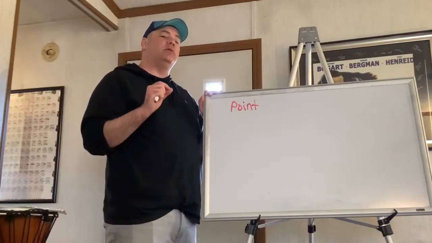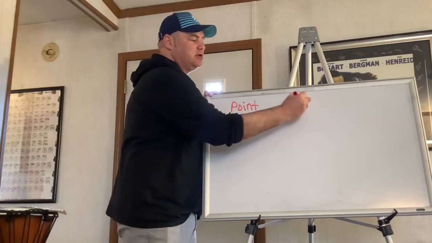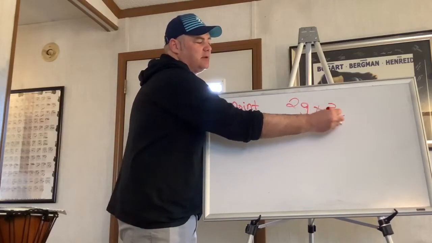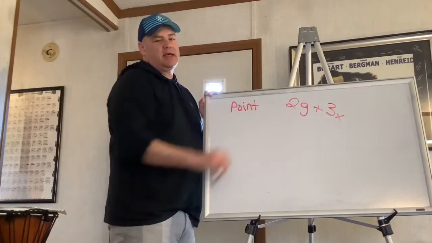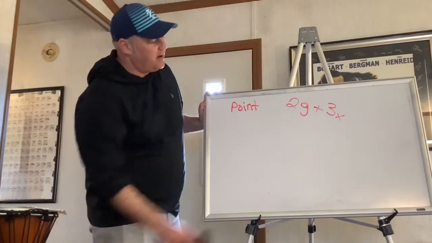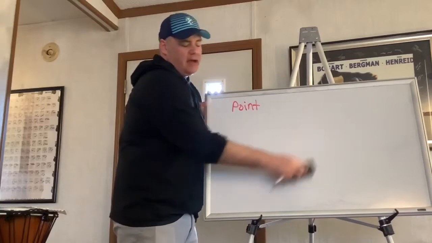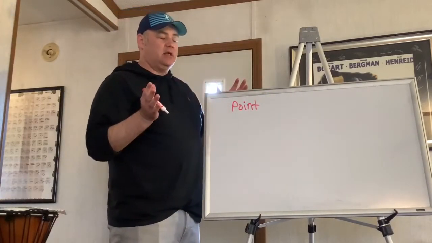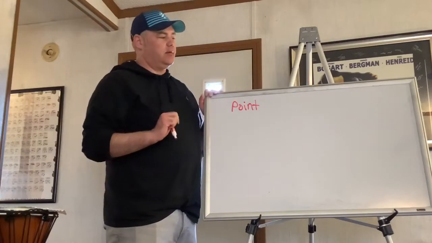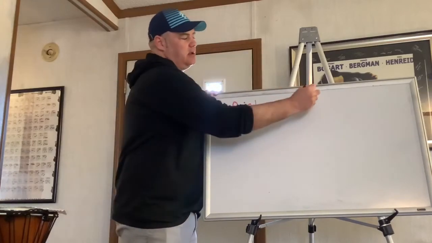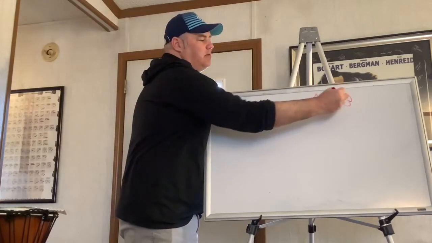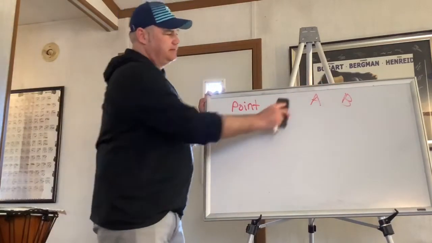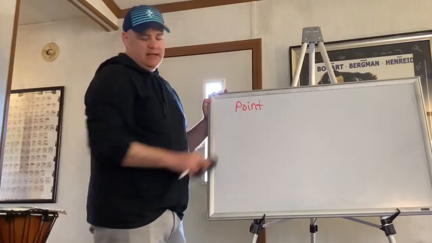If you notice, we've always used lowercase, like 2g plus 3x, with lowercase x and lowercase g. That's for variables. For a point out in space in geometry, we keep it separate from that by using a capital letter. So point A to point B, we would be saying go from there to there. We use capital letters, and that is a point.